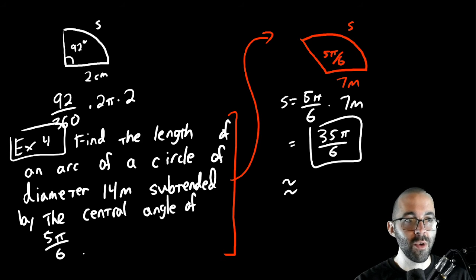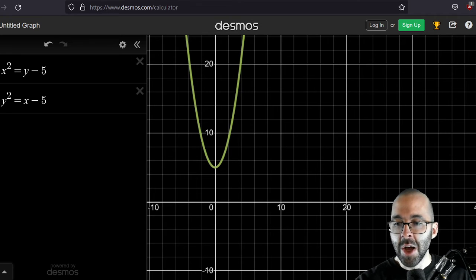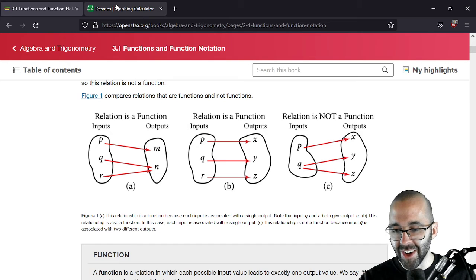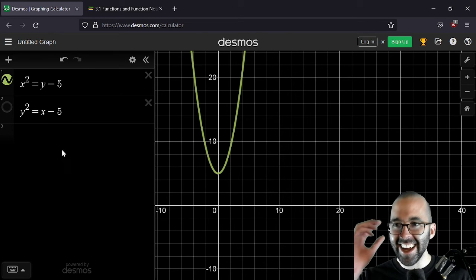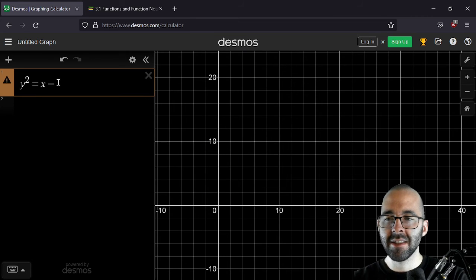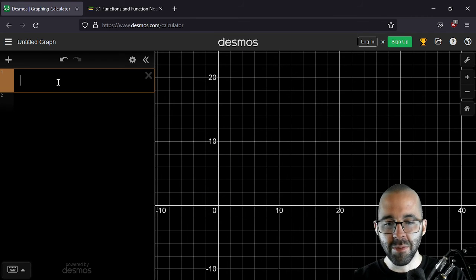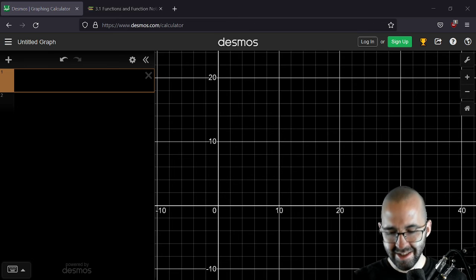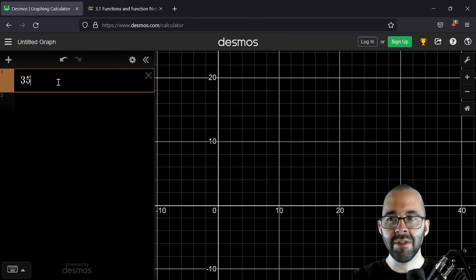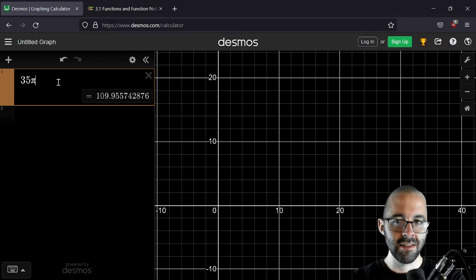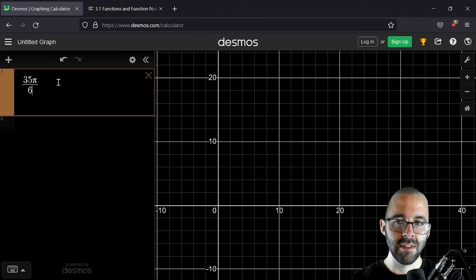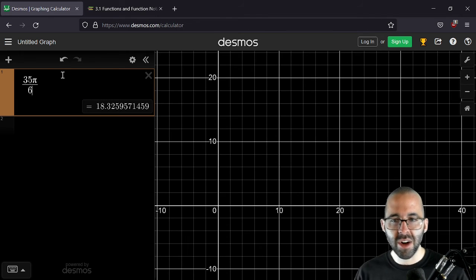Maybe you wanted to use the website Desmos. Hey, there it is. And you could say, okay, Desmos, what is 35 pi over 6? You'd say 35 pi, hit the fraction bar, the forward slash right next to shift. 35 pi over 6 is approximately this.